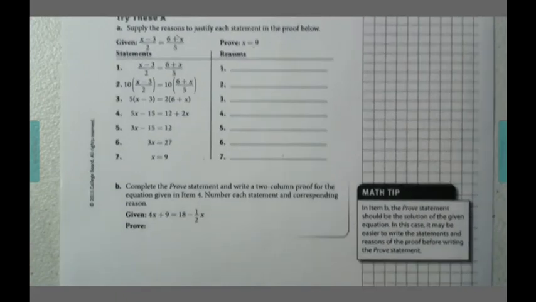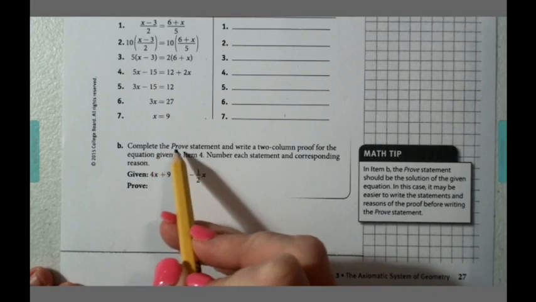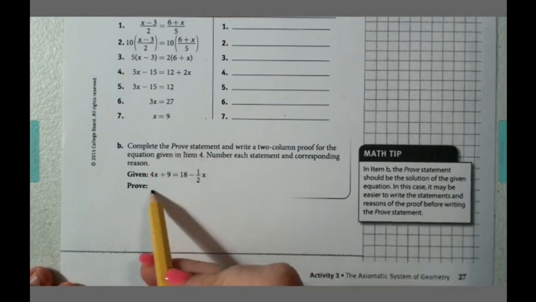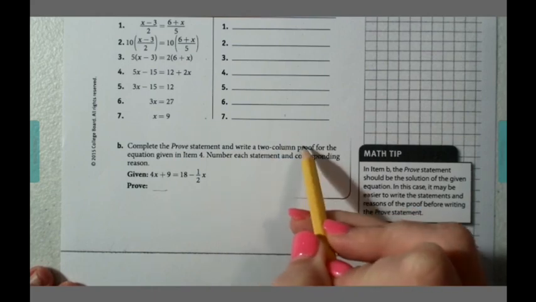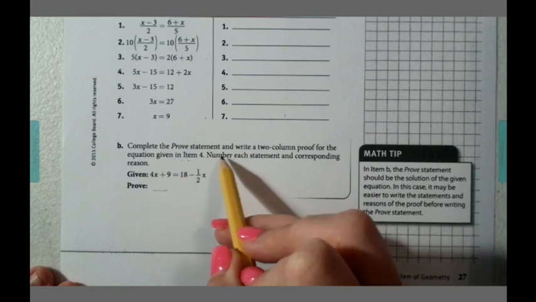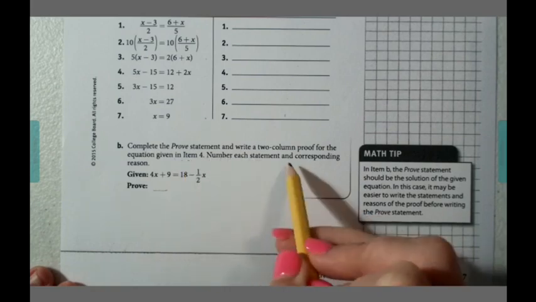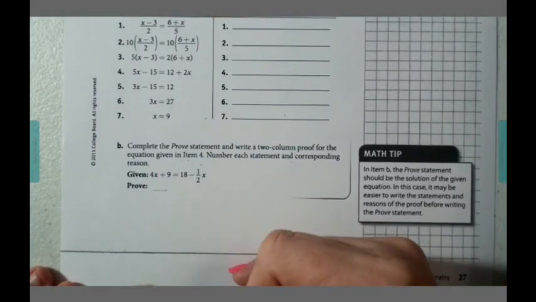Next, you will also be completing B, which says complete the proof statement. So find out what we're trying to prove and write a 2-column proof for the equation given in item 4. Number each statement with its corresponding reason. So again, work through this.